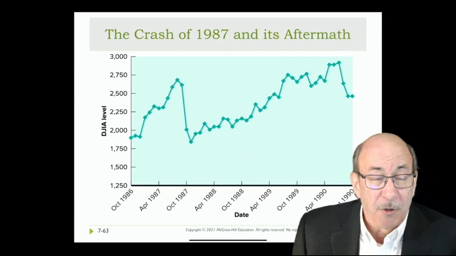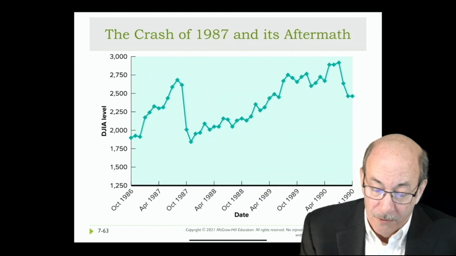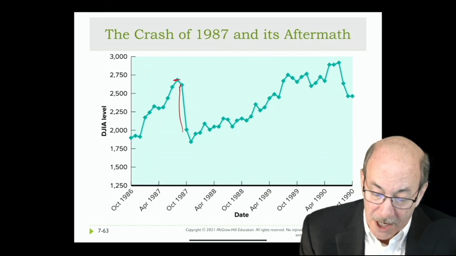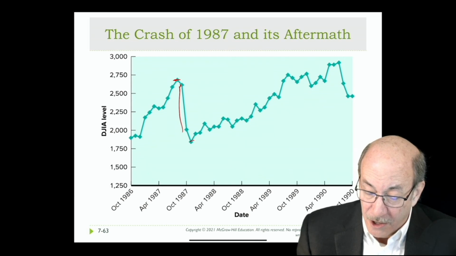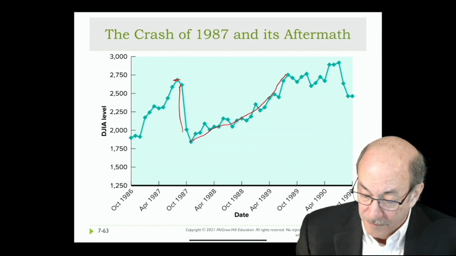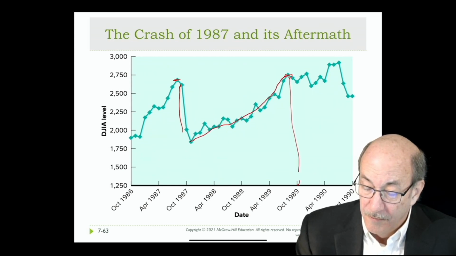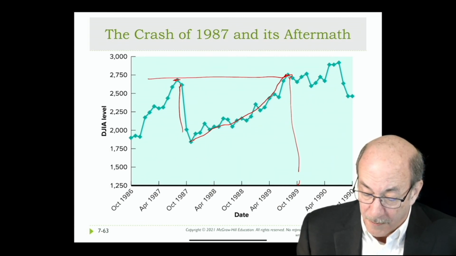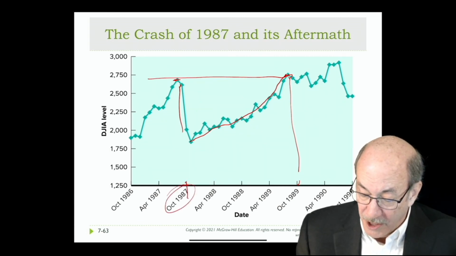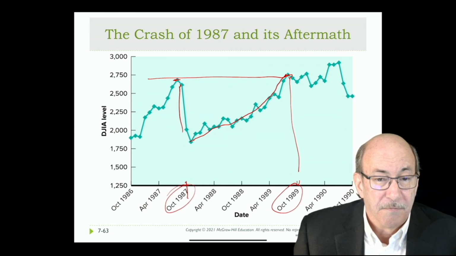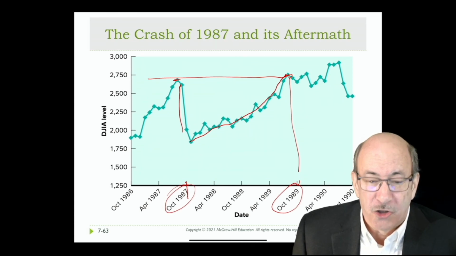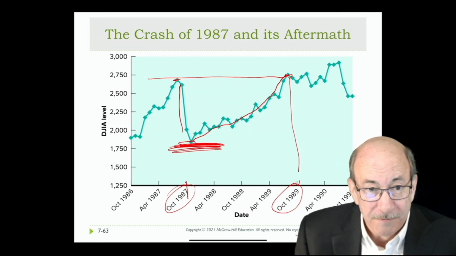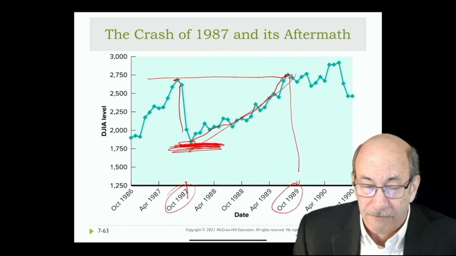Now, again, the aftermath. Here was Monday. But look at what happened afterwards. The market climbed back up. A couple of years later, October '87 to October '89, had you not sold down here, in two years you would have recovered your value.